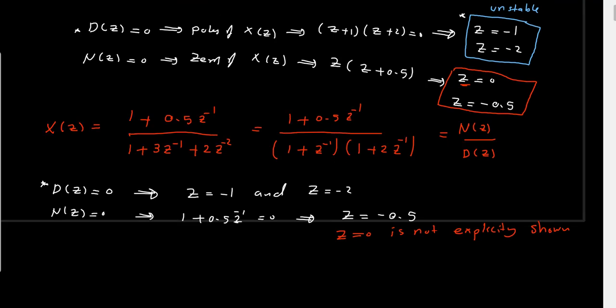So in finding the zeros and the poles, x of z must be written in terms of z, not of z minus 1. So here we can write a note.